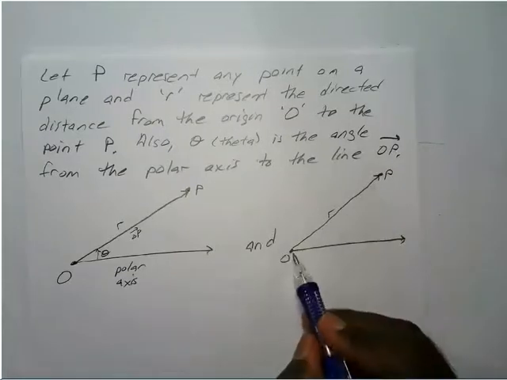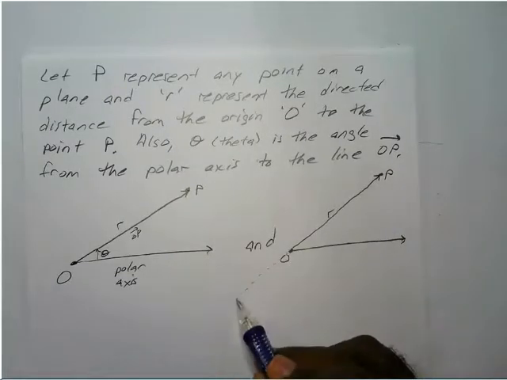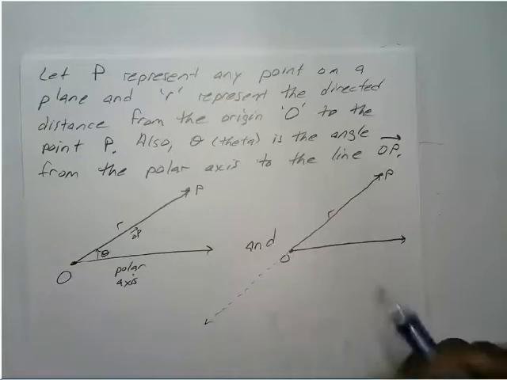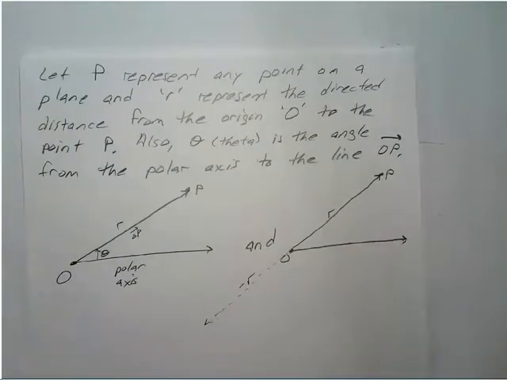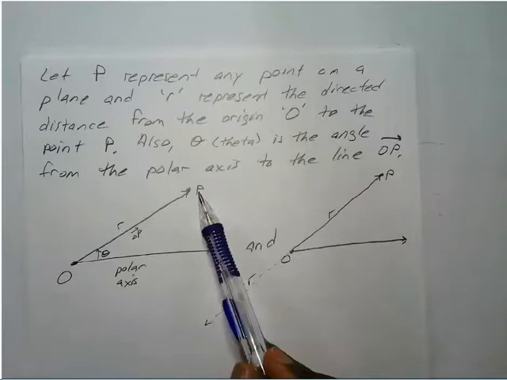If this is our radius, or you can say radius, but it's really just r, then going in the opposite direction would be your negative r.